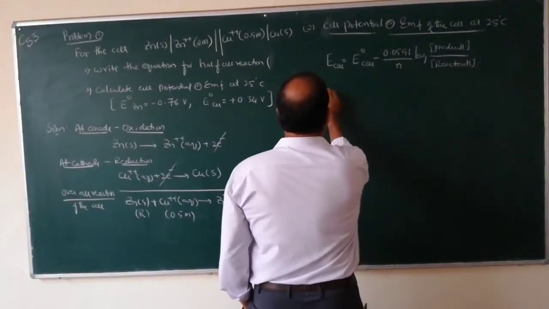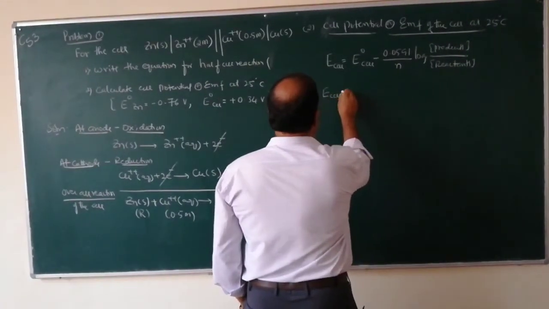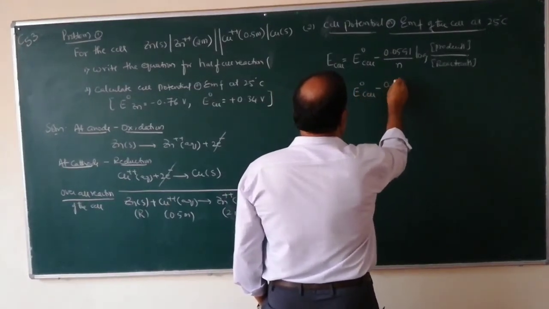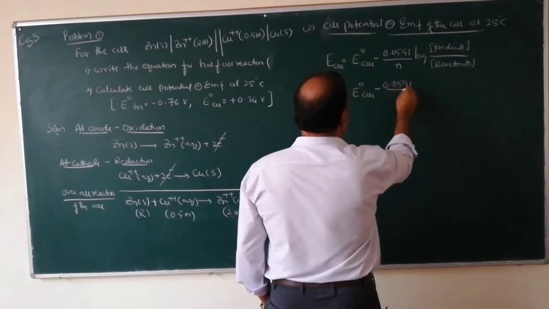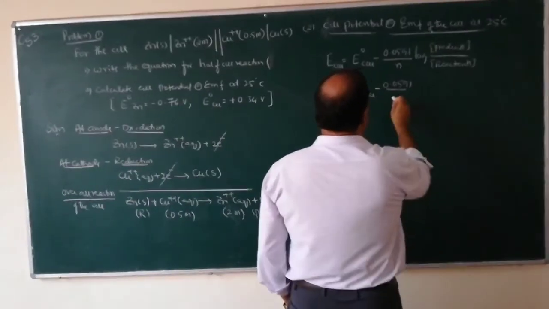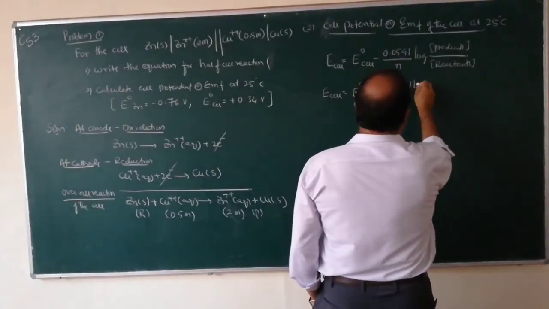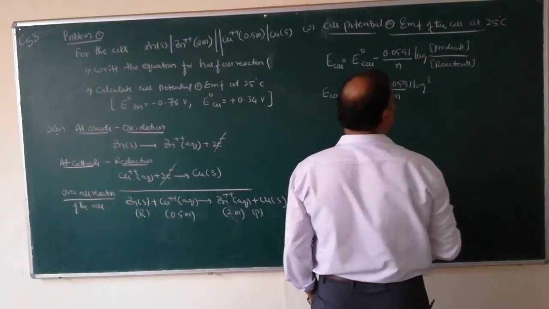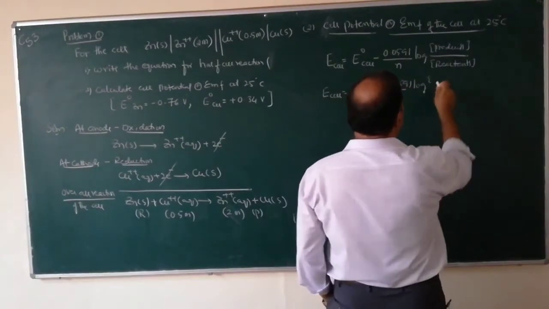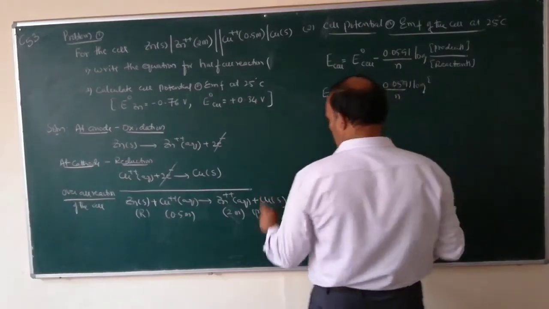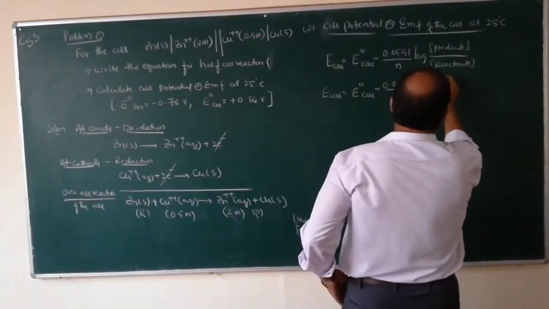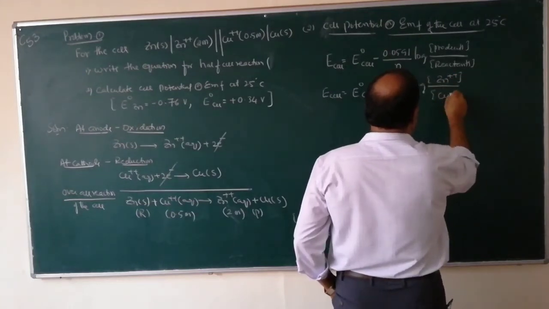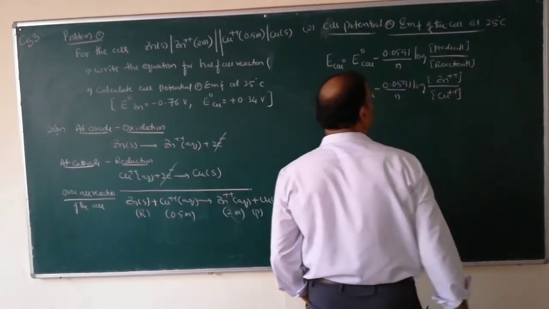So here E cell is equal to E naught cell minus 0.0591 divided by n log of concentration of products, that is Zn2+ divided by concentration of Cu2+.